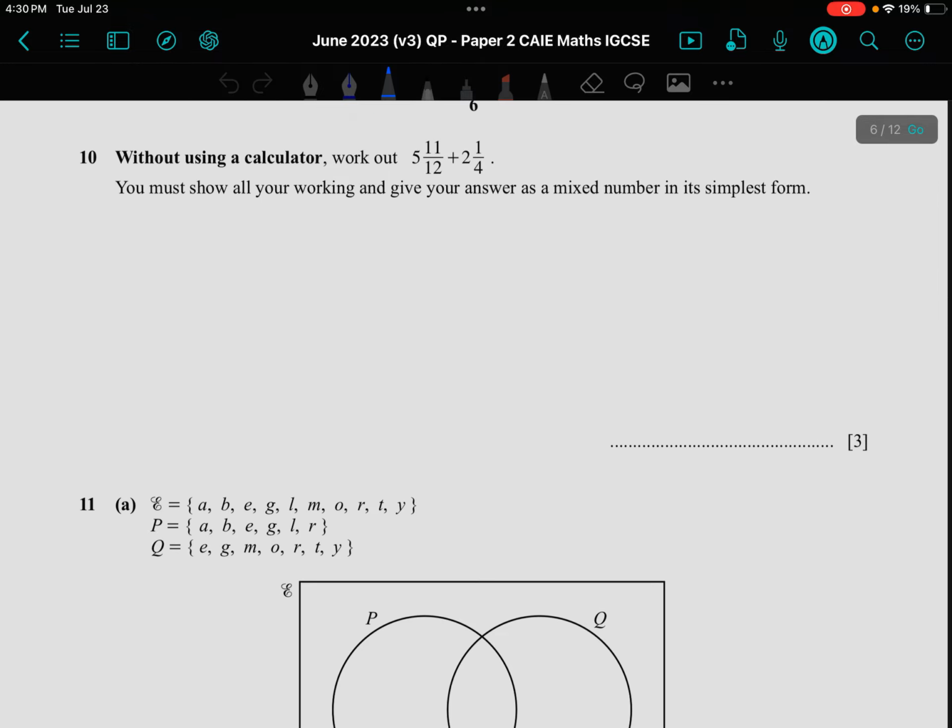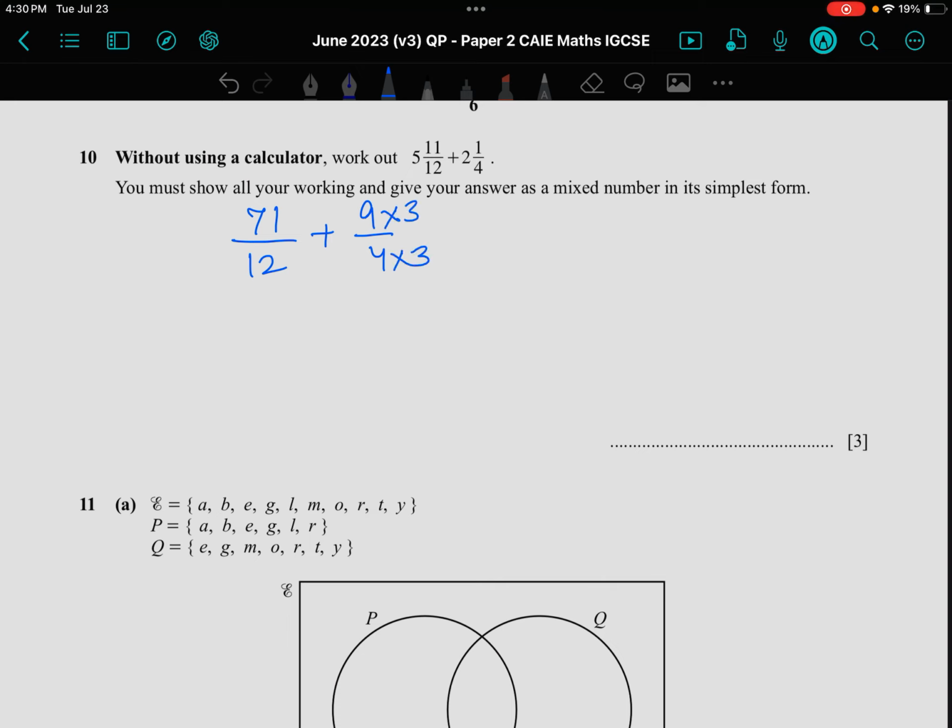Now coming to question number 10. Without using calculator you have to solve this. It's very easy. Change the mixed number first. 12 5s are 60. 60 plus 11 is equal to 71 upon 12. 4 2s are 8, 1 9 upon 4. So make the denominator same. Multiply 4 by 3.